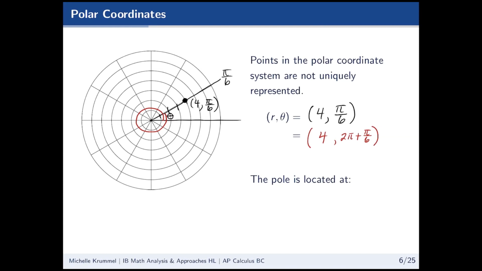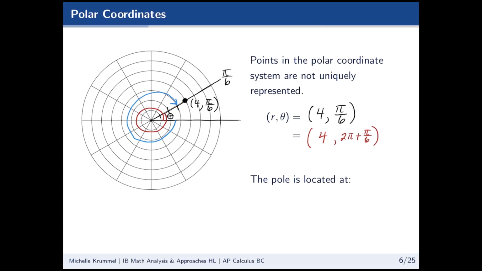And hopefully you can imagine there are lots of ways we can do this. There are lots of angles that terminate in that same place. In fact, there's infinitely many angles that terminate in that same place. All we have to do is keep adding 2 pi to our angle, or even subtracting 2 pi. I could go from my polar axis in a clockwise direction and rotate around and stop when I get right here. And that would also terminate in the same place.